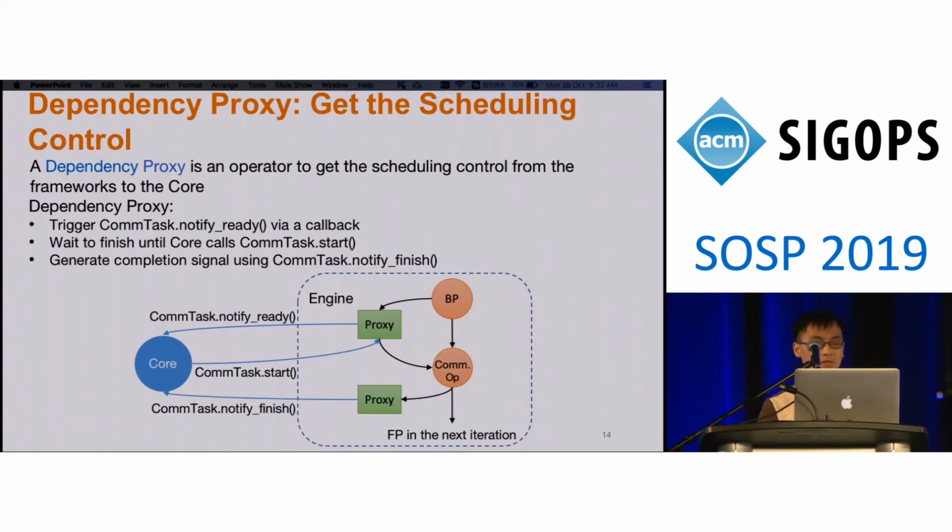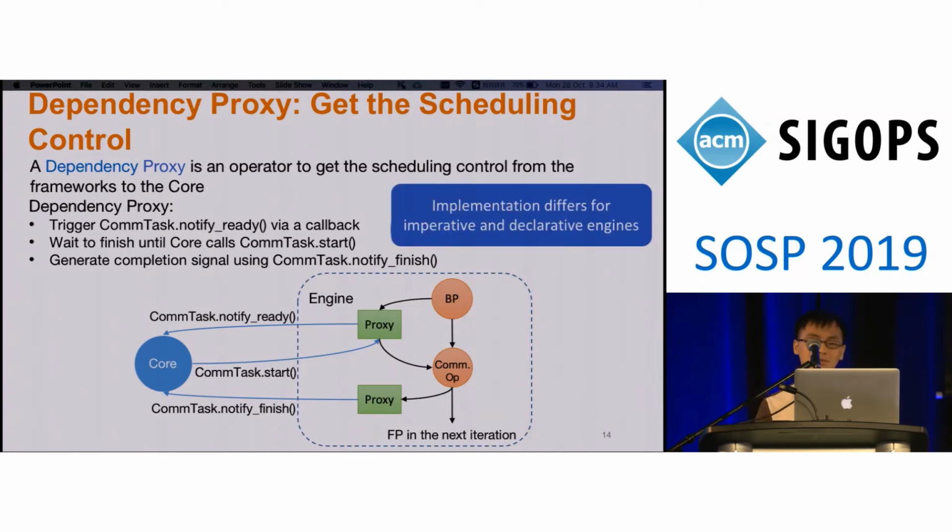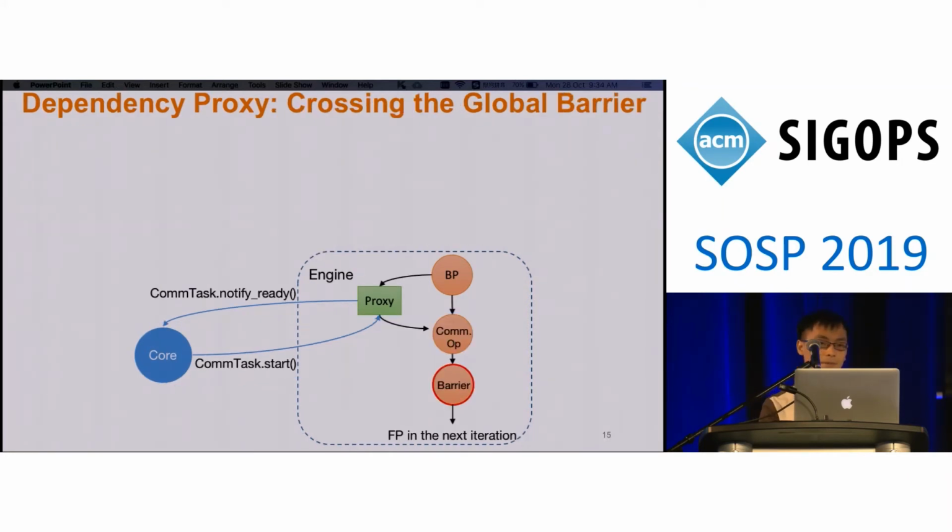Third, to know the completion of the communication operation, we add another type of proxy right after the communication, and this proxy only generates a completion signal using notify finish. Also note that the proxy implementation differs for imperative engines and declarative engines.